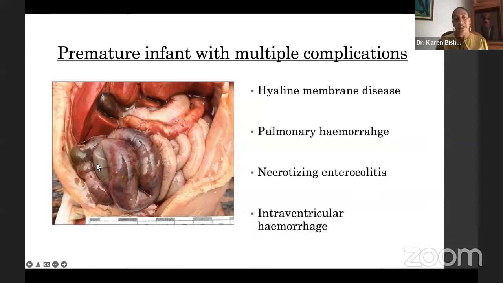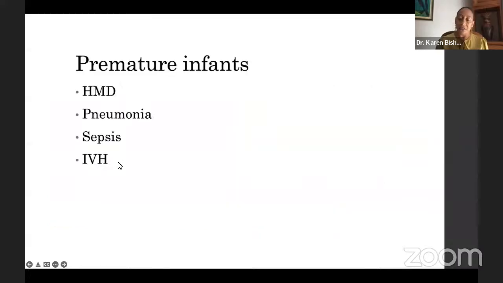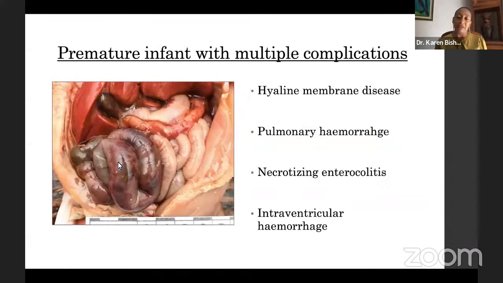But on the left, you can see this bowel that is hyperemic and even dusky in places, dilated, and on histology showed features of ischemia. So overall was consistent with necrotizing enterocolitis.